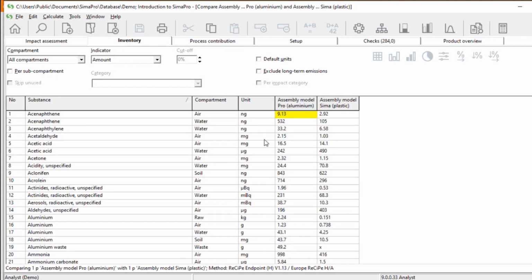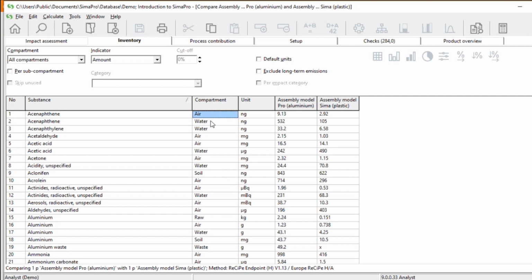And go to inventory to see the detailed analysis or the detailed comparison, like this amount of this substance has been used, or in the air.